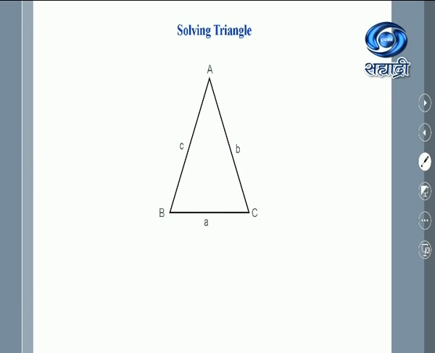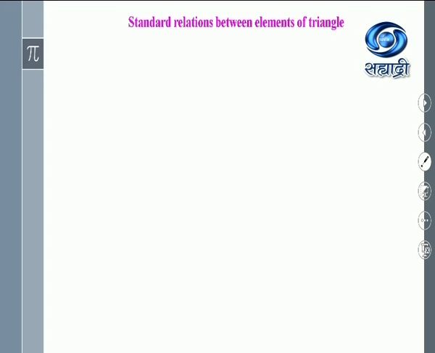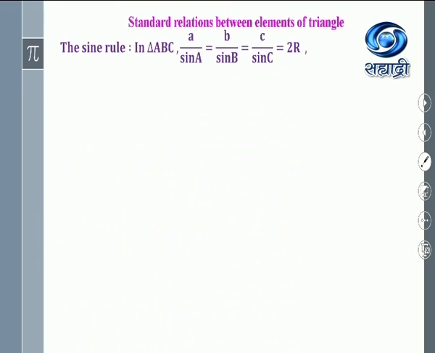With this notation, we have some important standard relations between elements of the triangle, of which the first is the sine rule. The statement is: in any triangle ABC, a/sin A = b/sin B = c/sin C = 2R, where R is the circumradius of triangle ABC.